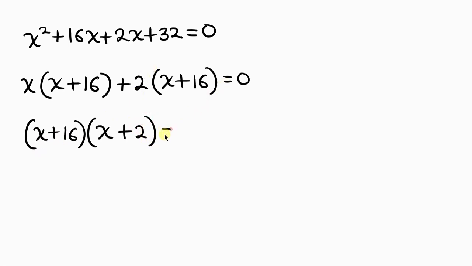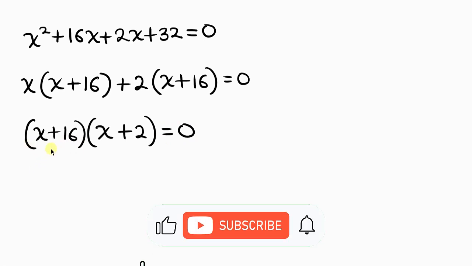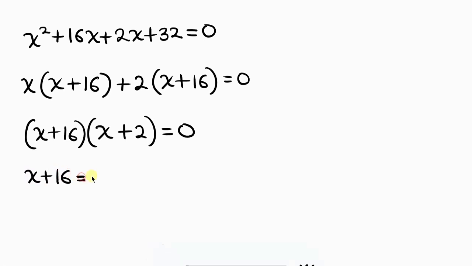And this is equal to 0. So we have two cases. The first case, we have x + 16 equal to 0, or for the second case, we have x + 2 equal to 0.